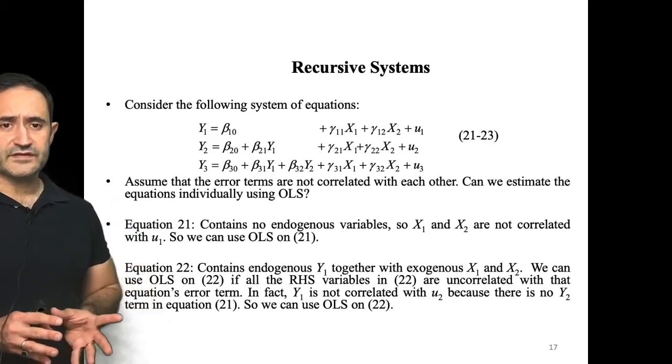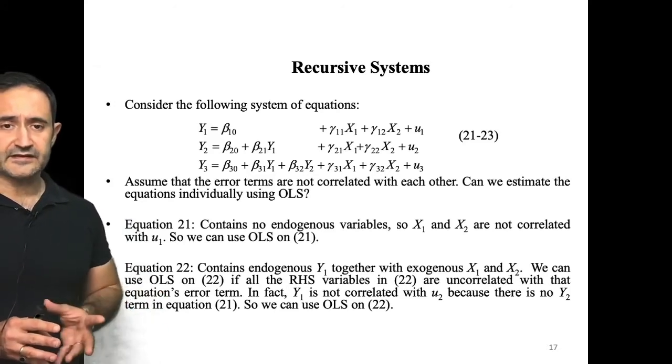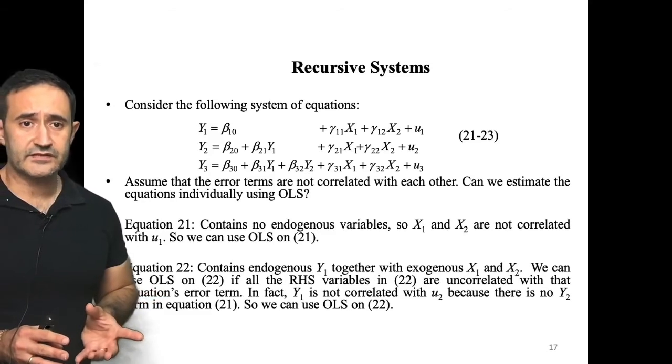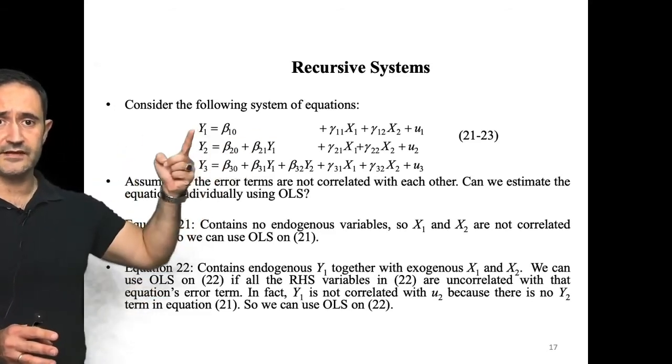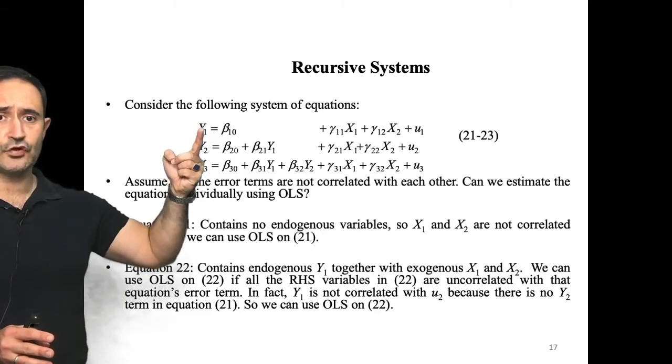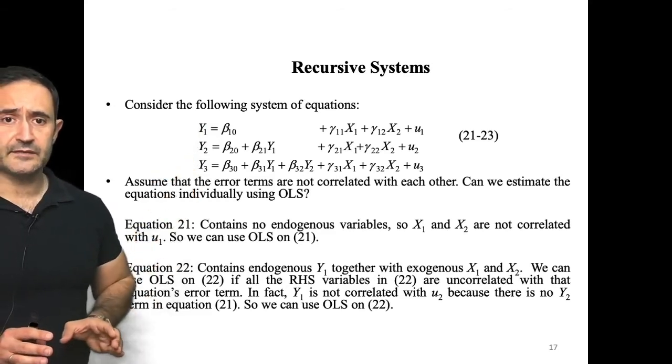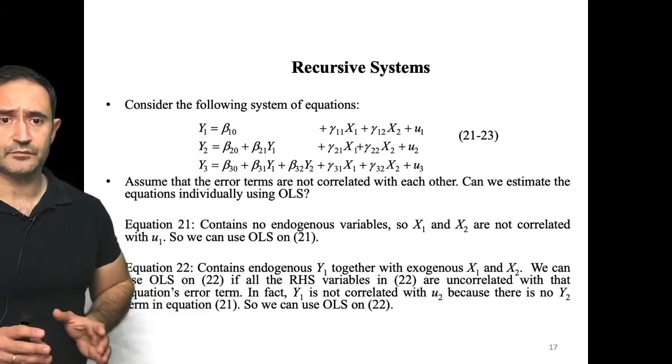So what we have is that equation 21, as you have this written there, contains no endogenous variables, because in the first equation y1 does not depend on any of these other y's, right? So that one can be estimated by OLS. It's not a problem.